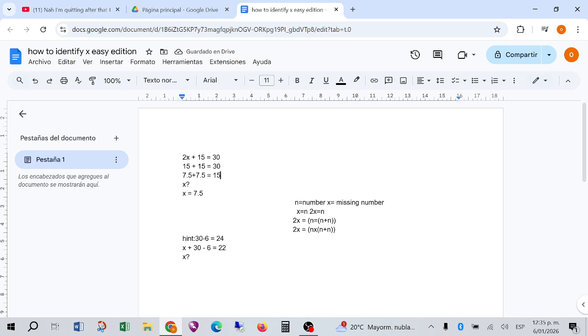So basically, n plus n equals nx, which we're gonna call the wrong number.